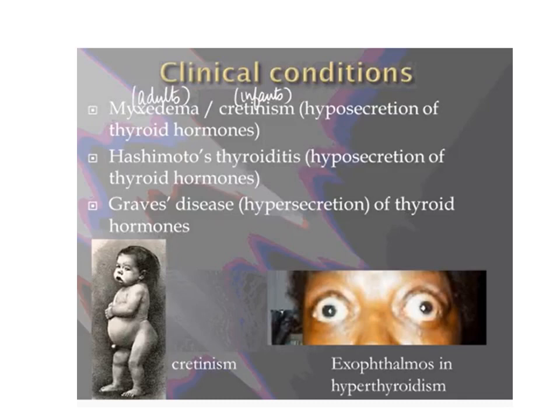This is autoimmune. The antibodies attach to the TSH receptors of the follicular cells, so there is no feedback mechanism. Constantly there is secretion of the thyroid hormones, which leads to thyrotoxicosis: increased heart rate, increased blood pressure, tremors, anxiety.